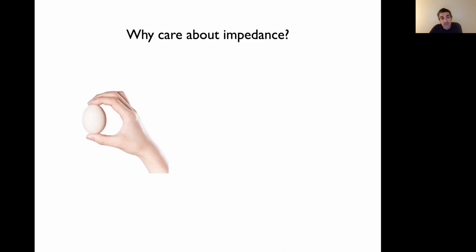On the other side, if I have a high impedance, meaning I make my fingers stiff and try to keep them in a certain position, it might be a problem when picking up the egg. If the egg is slightly bigger than I thought, or my fingers don't go exactly where I thought, I might break the egg.